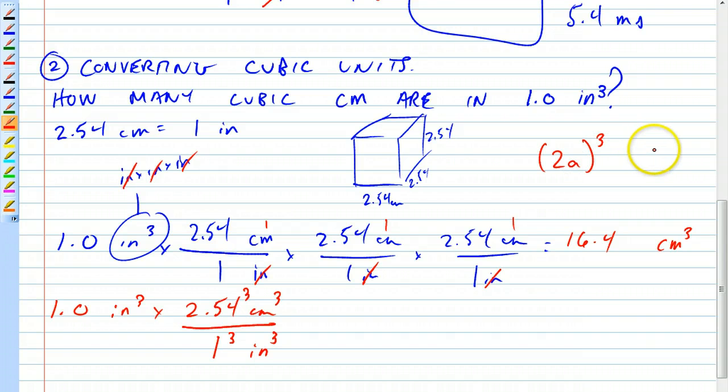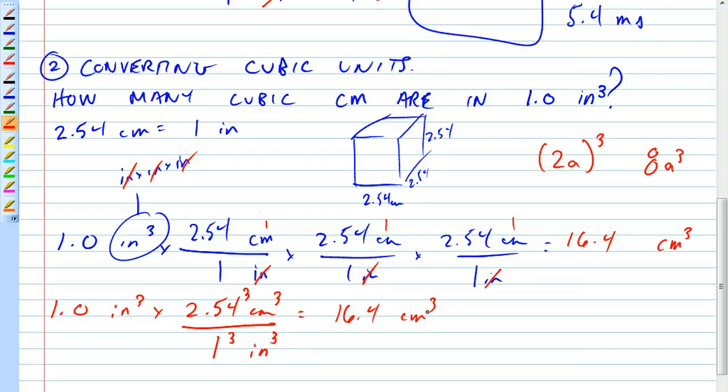The answer is not 8a, right? You got to cube everything. It's 8a cubed. So make sure you cube everything. If I cube the units in this conversion factor, then I cube the numbers. And that'll give you the same result. So start with the linear conversion, and then just cube everything.